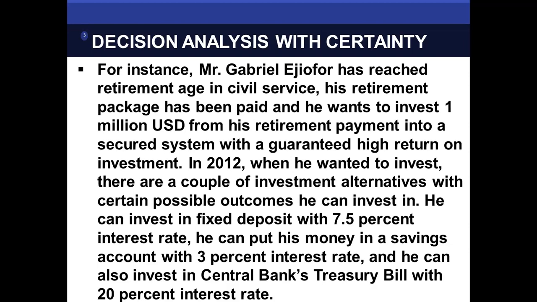There are a couple of investment alternatives with certain possible outcomes he can invest in. He can invest in a fixed deposit with a 7.5% interest rate. He can put his money in a savings account with a 3% interest rate, or he can invest in the central bank's treasury bill with a 20% interest rate.